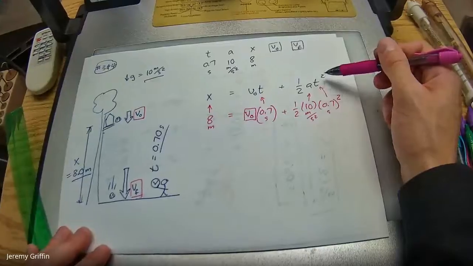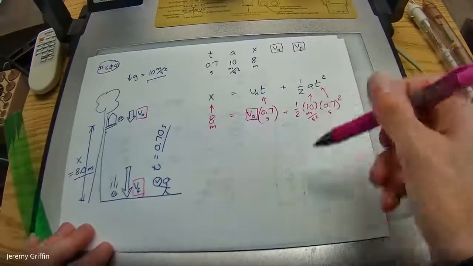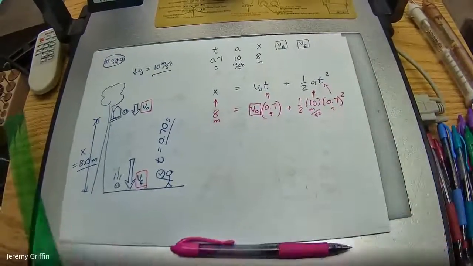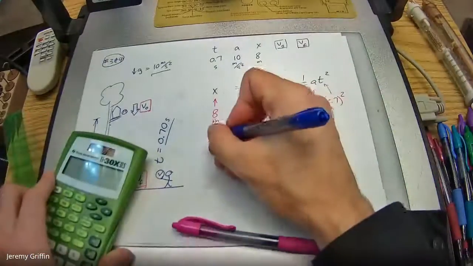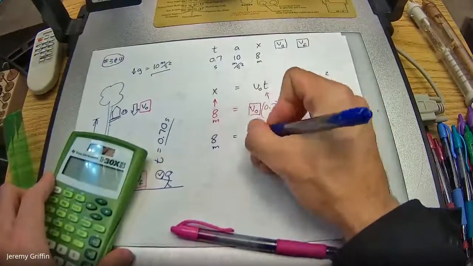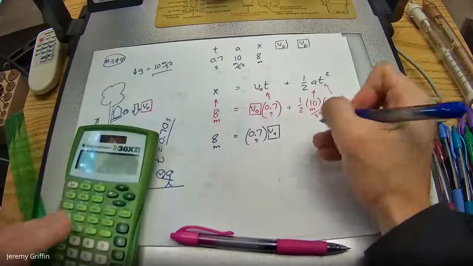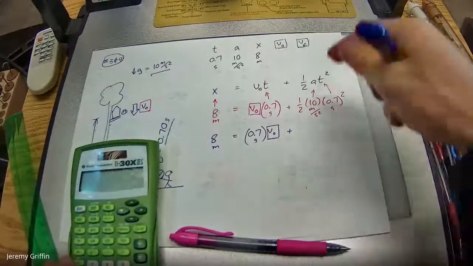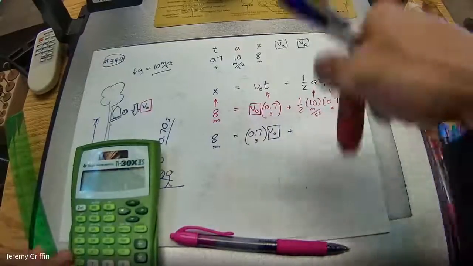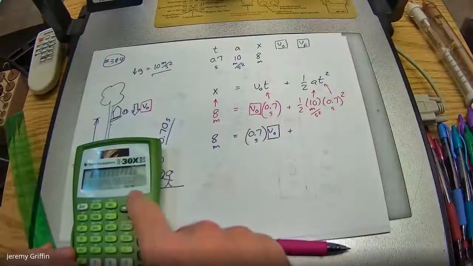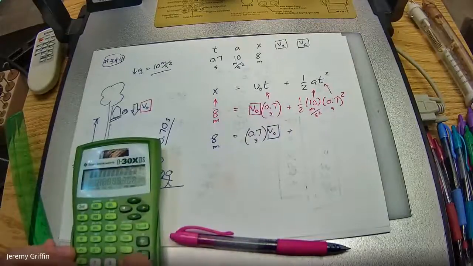Yeah, only the T. The only thing that's being squared is the 0.7 seconds. I'll clean this up a bit. So 8 meters equals 3.7 seconds, V naught, plus, right. Notice everything's plus. I have no negative numbers. I mean, gravity's pulling in the positive direction, you threw it in the positive direction.